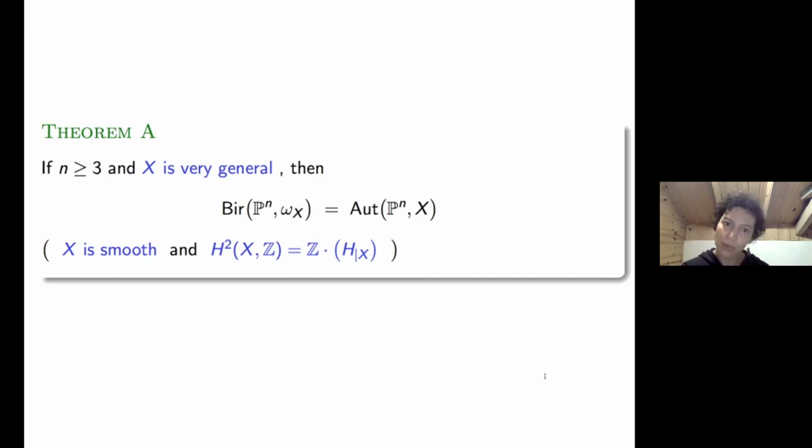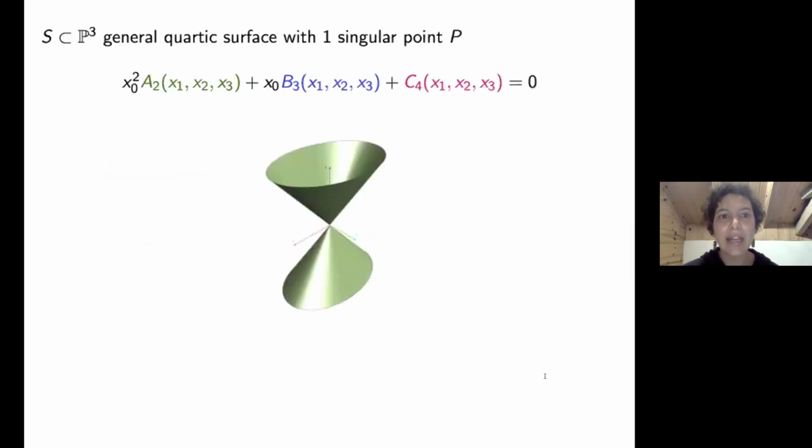Either it's not smooth or it does not satisfy this Lefschetz type condition. And then we went on and tried to investigate what happens when you have a non-very general, so a special hypersurface, and this is the first case that we considered.